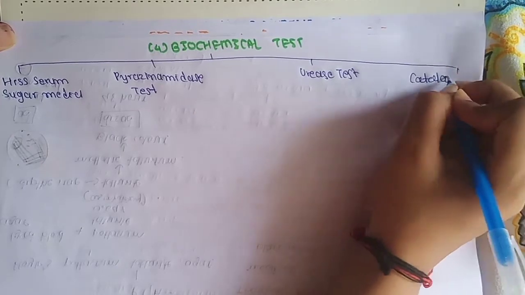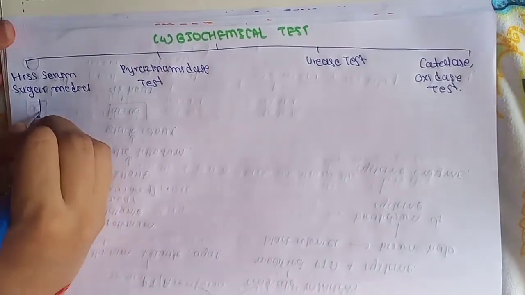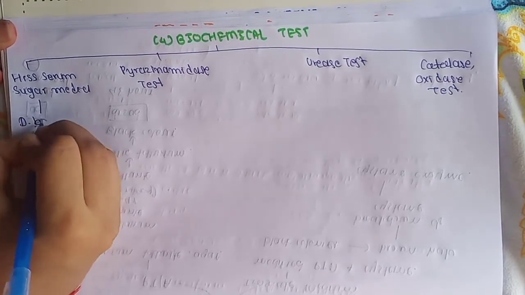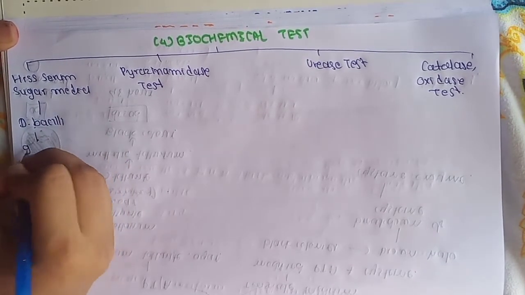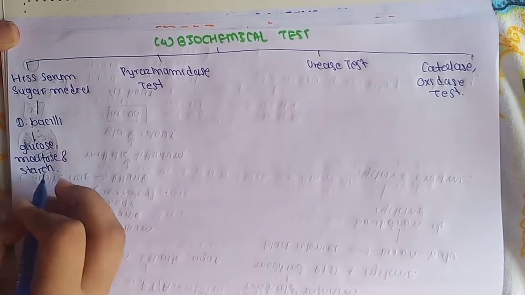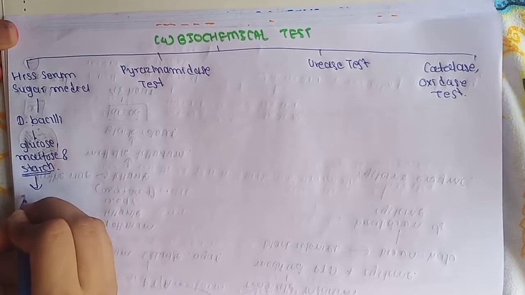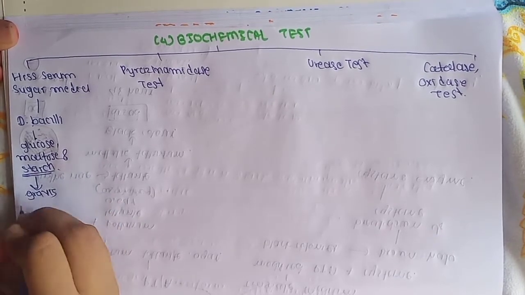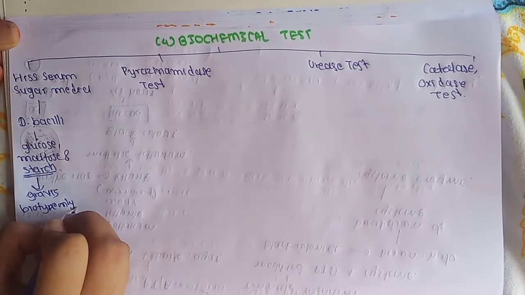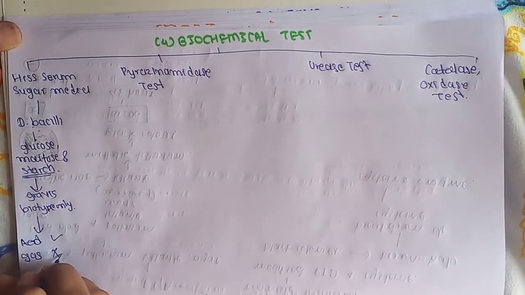And the fourth and fifth are catalase and oxidase tests. As we know, Hiss serum sugar media is an enriched sugar media, diphtheria bacilli will ferment glucose and maltose and also starch, but starch only by the Gravis biotype, with the production of acid but not gas.